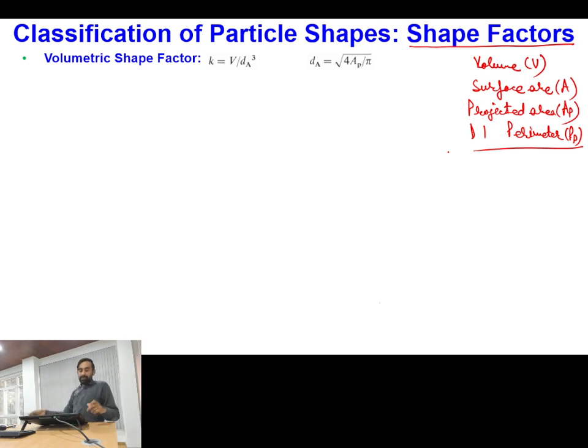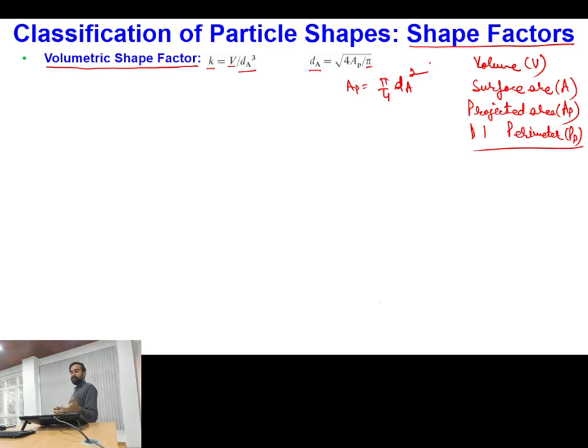Okay. So here, the first factor I am calling the volumetric shape factor. The volumetric shape factor is given by the symbol K, and it is nothing but equal to the volume of the particle divided by dA cubed. What is this dA? If you see the definition of dA, it is nothing but the square root of 4AP by pi. So AP is nothing but the projected area. Okay. So the projected area will be pi by 4 dA squared.